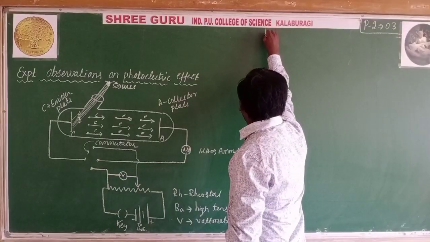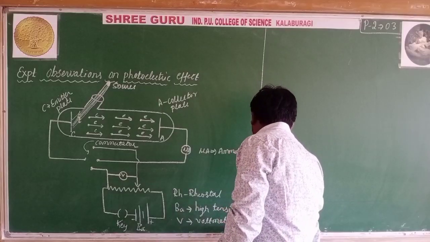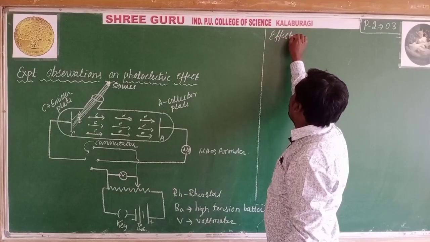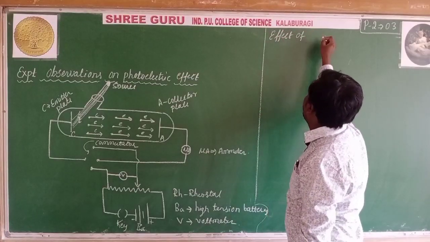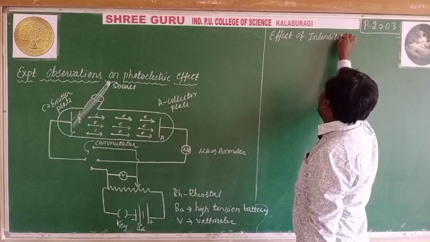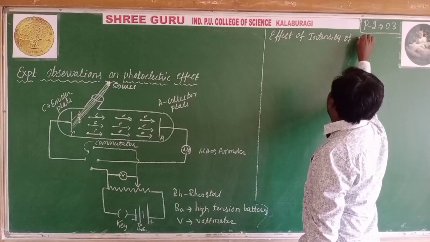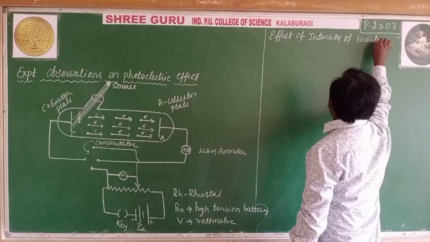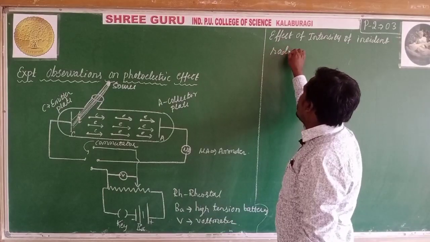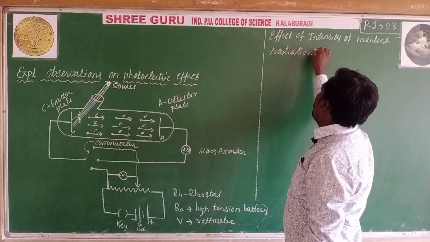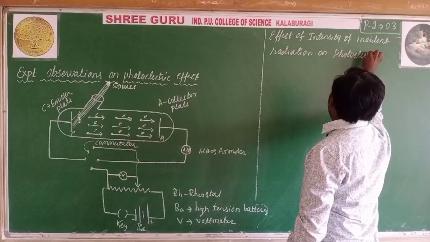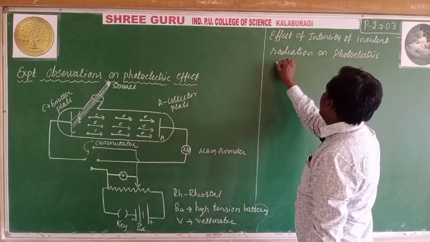The first experimental effect on the photoelectric effect is the effect of intensity of incident radiation on the photoelectric current.